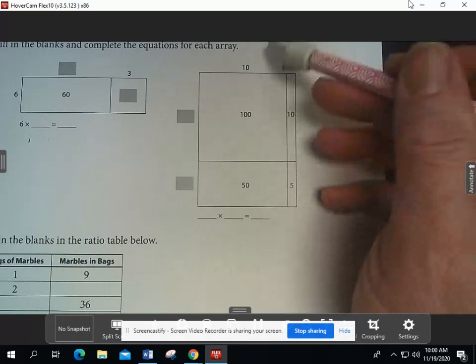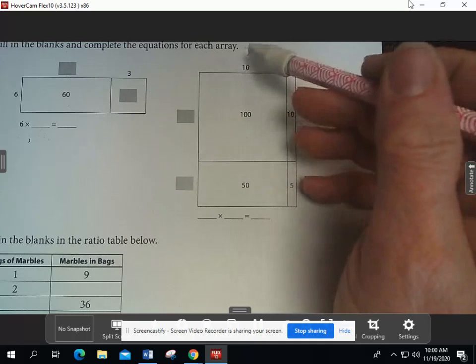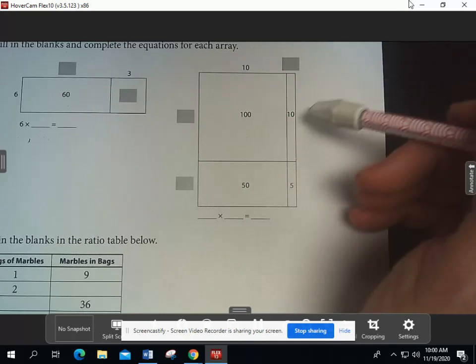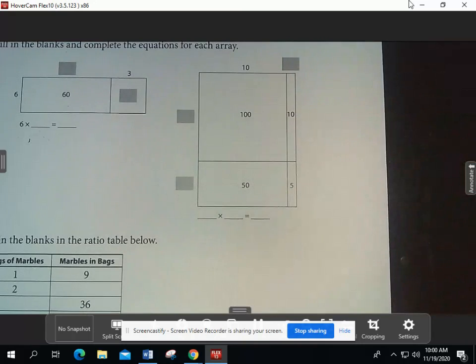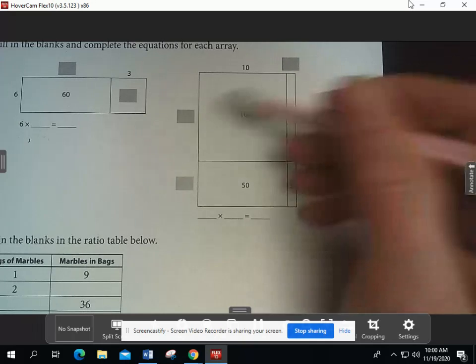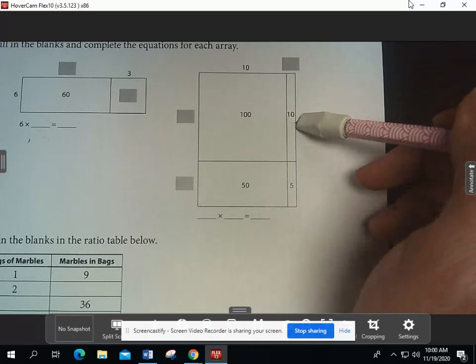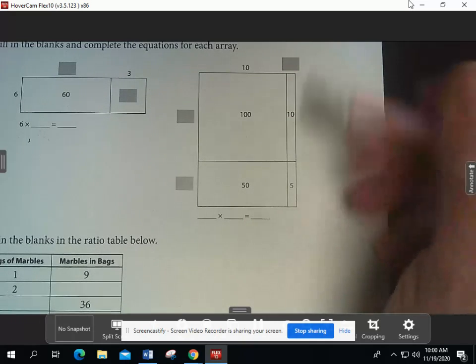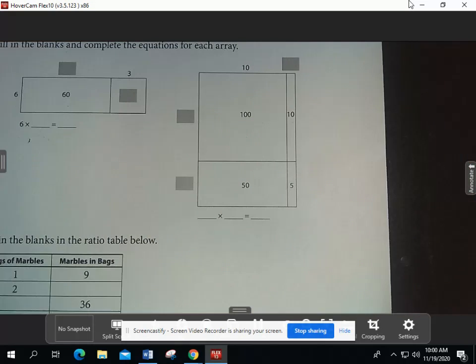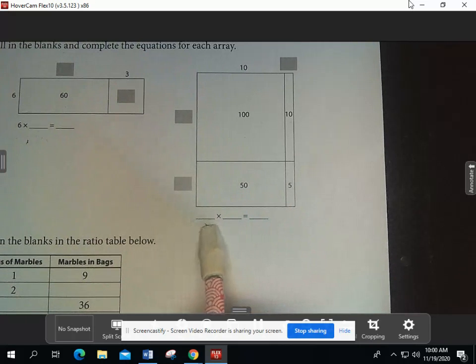And then something times something gives us 50. And so that helps us get this figured out. Look at this skinny little one. Something times something makes 10. Something times something makes 5. Thank you. But now 4th graders tend to forget this part right here.